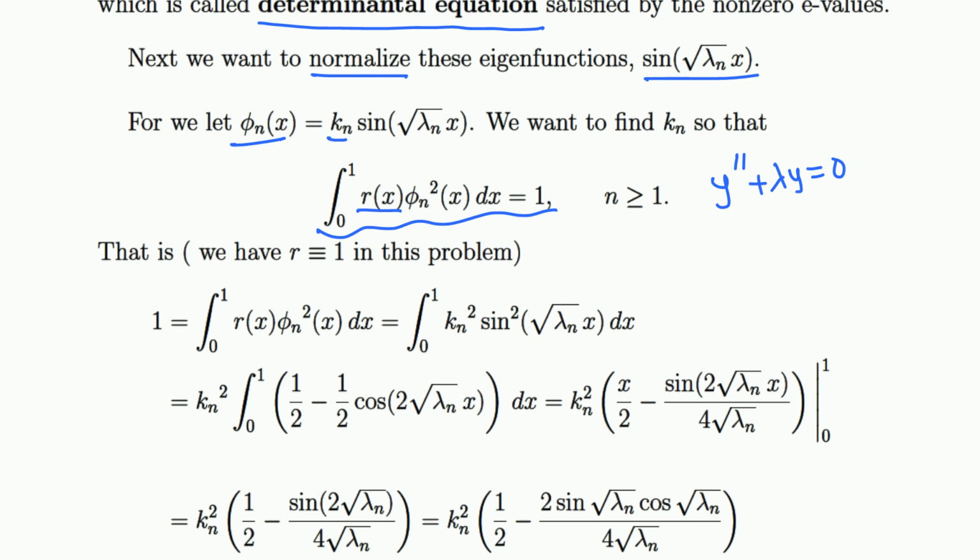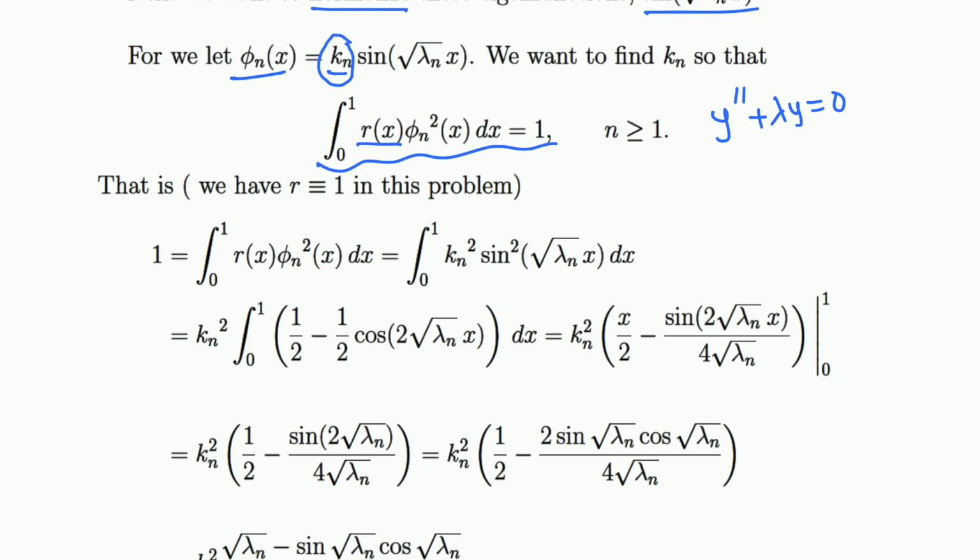So we want to satisfy this condition. Basically we want to determine these constants kn times this solution. This is a solution, and when we multiply by a constant, we still have a solution. That means let me write 1 on the left hand side: 1 equals the integral from 0 to 1, where r is 1, of phi n squared x, just writing this backward. Let me simplify here. Phi n, we assume, is kn times sine root lambda n x.